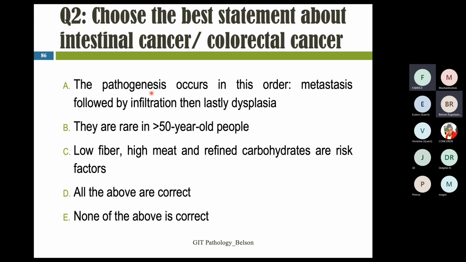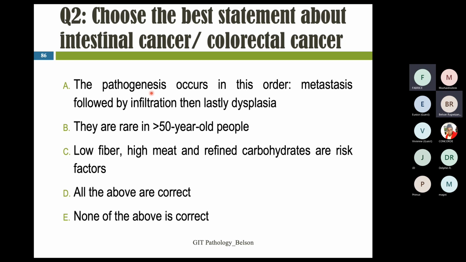So the second question. So about intestinal cancer and colorectal cancer, the pathogenesis occurs in this order. First metastasis, followed by infiltration, and lastly, there is dysplasia. The second, these cancers are rare in people who are more than 50 years old.